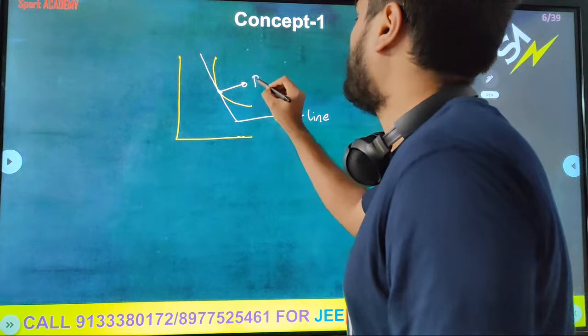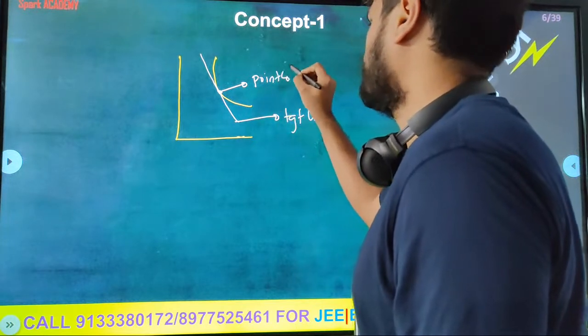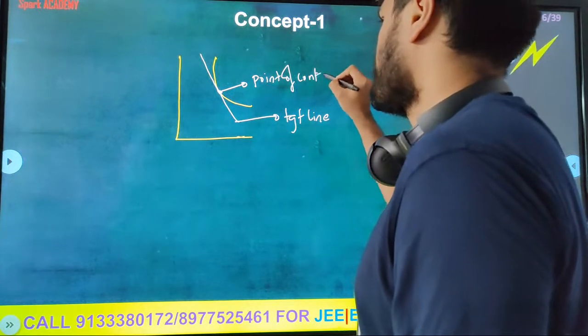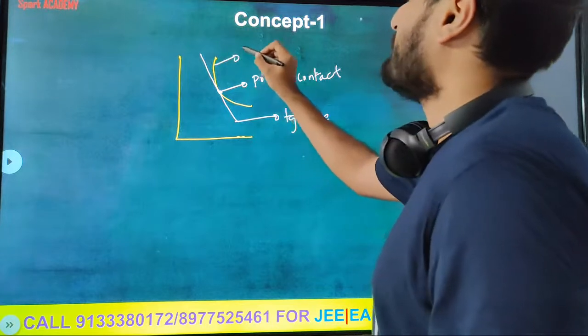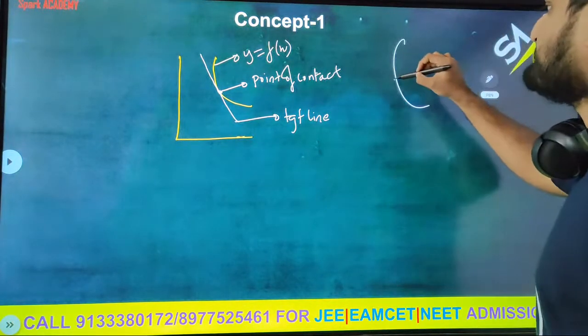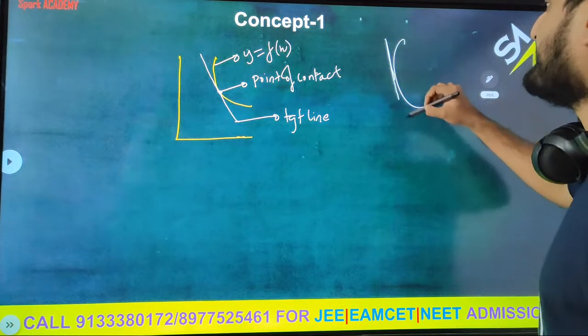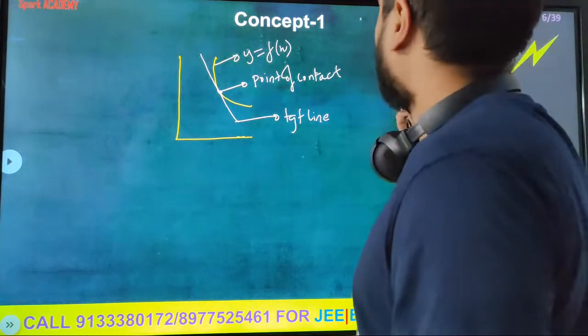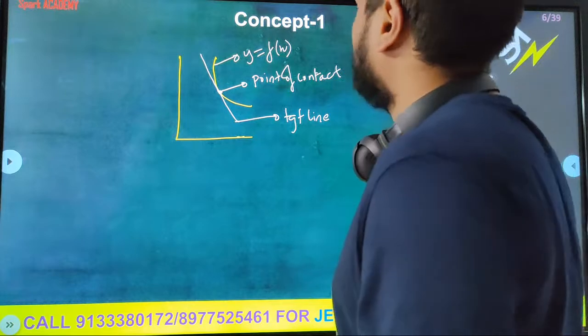This is called your point of contact. And this is your curve y equal to f of x. So just a line touching a curve at one point is called a tangent line.